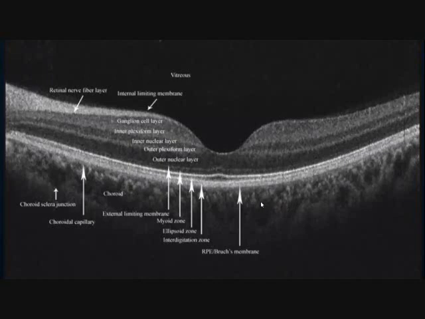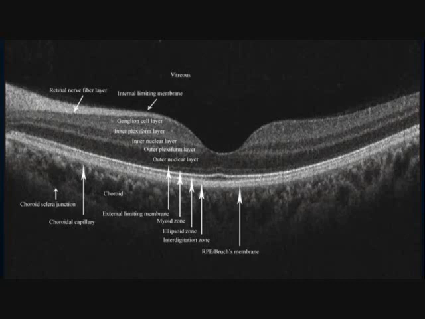So starting from outside, you have the sclera, and then this is the choroid, followed by the retinal pigment epithelium, RPE with Bruch's membrane, and then the interdigitation zone, also known as the cone outer segment layer, COST, and then the ellipsoid zone. This was previously known as the ISOS junction, and its integrity is important because once the photoreceptors are destroyed or their outer or inner segments are destroyed, it means clinically the vision will be reduced.